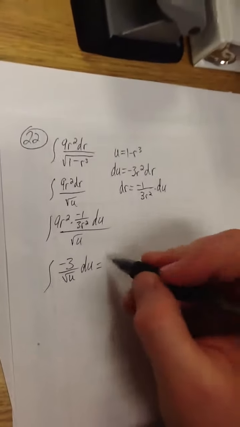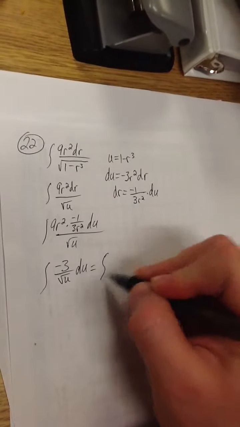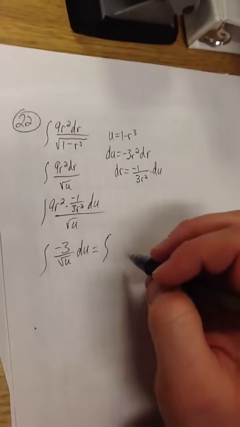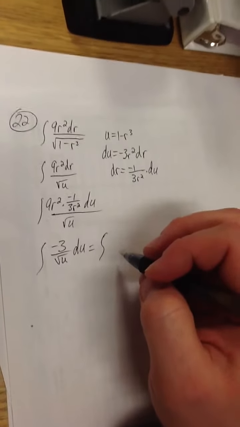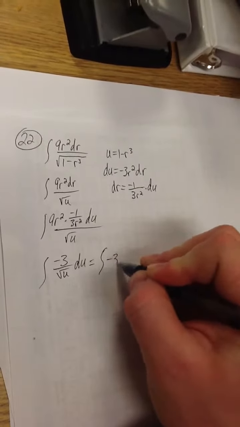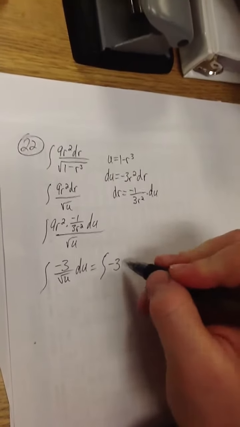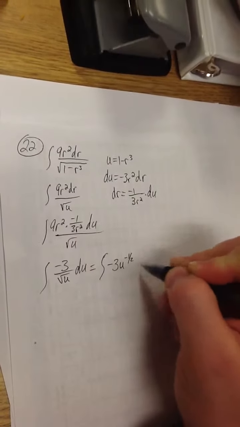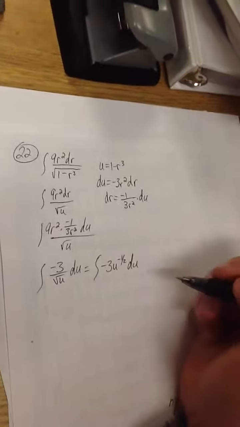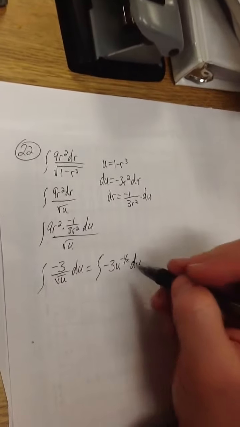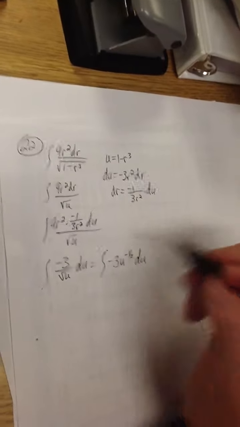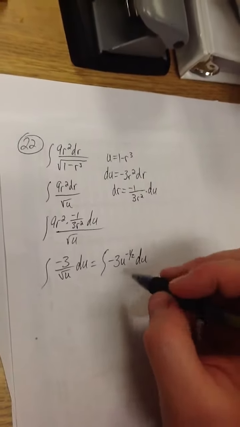Which, for me, it's easier to write as negative 3 times u to the negative 1/2. Well, okay, so now the antiderivative of that, or do the integral.